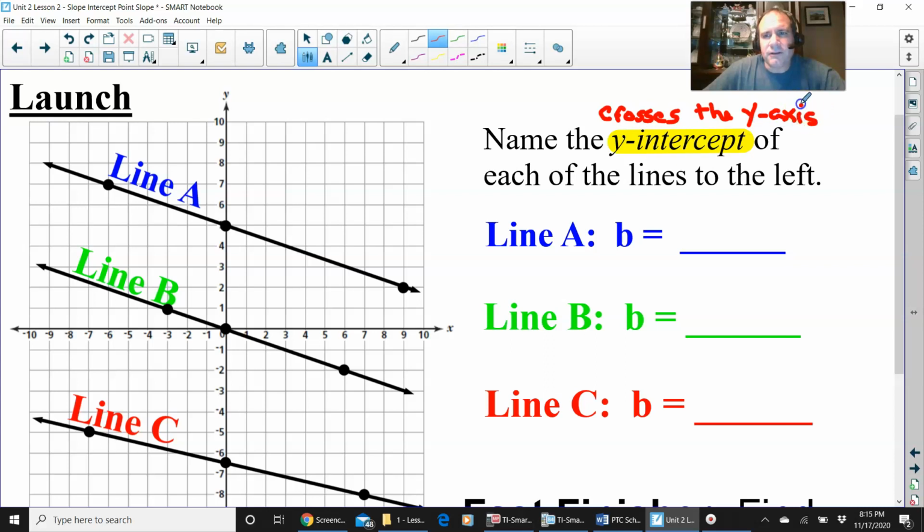It's where the line crosses the y-axis. That y-intercept is where that line crosses right through the y-axis. So I'm going to highlight that y-axis, down just like this.